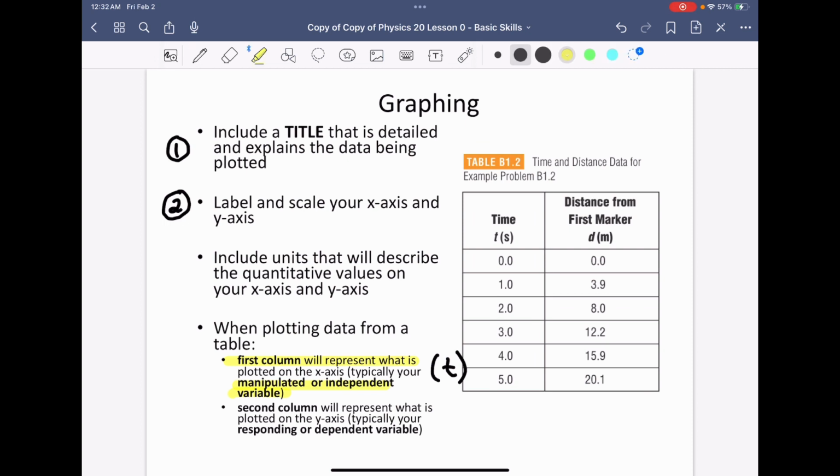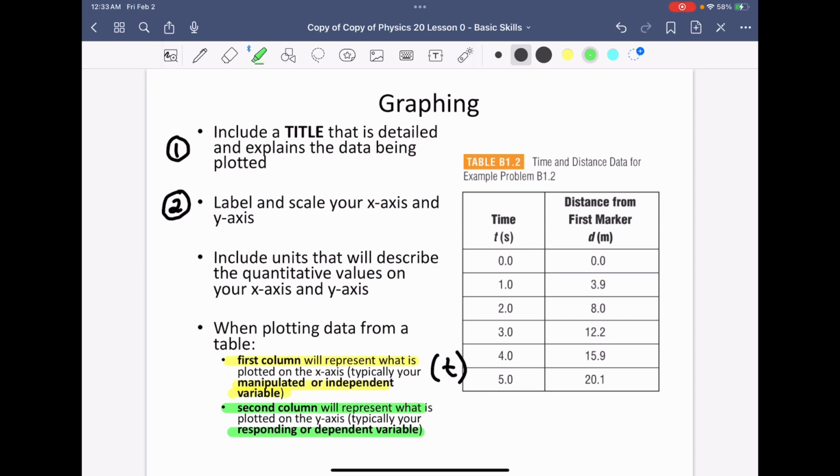Secondly, in the second column, we should always see the responding variable. In our case, the responding variable could be distance, displacement, speed, velocity, or acceleration. It's always going to be something where, after we input a certain amount of time, a certain result becomes the output.